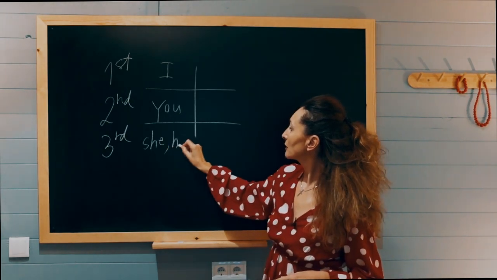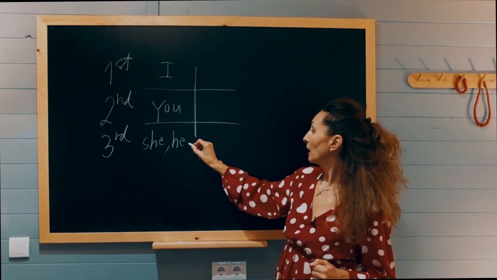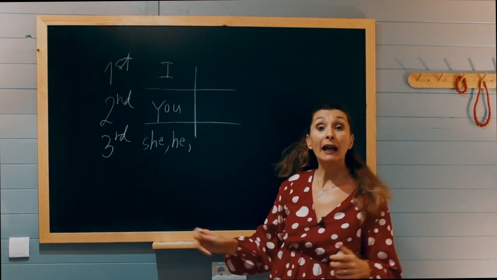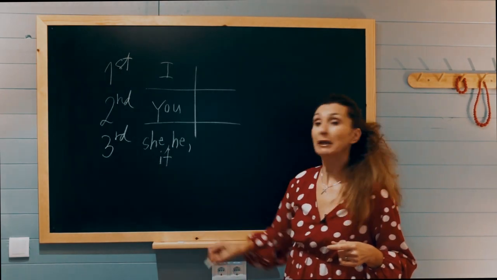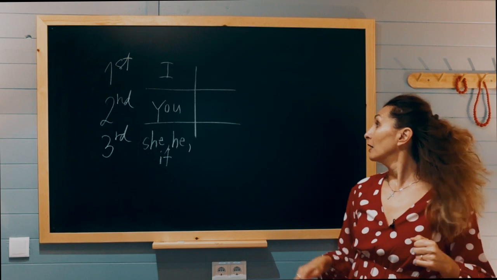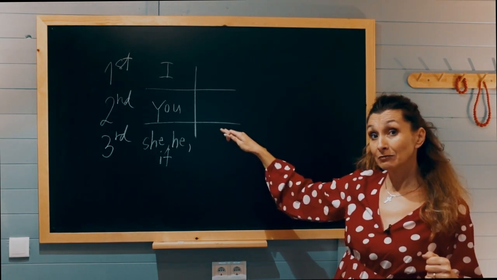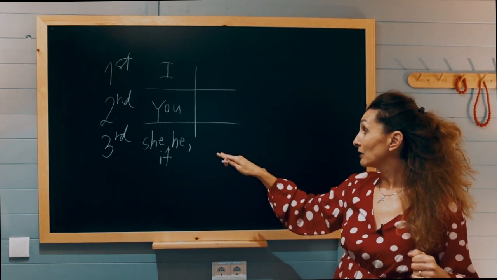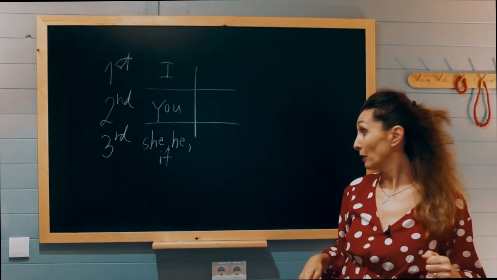Same goes if I talk about someone, a man, then it's he, and then everything else will simply be it. Okay? I, first person, you, second, and she, he, or it is the third person.